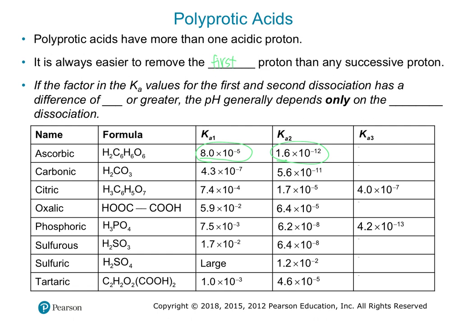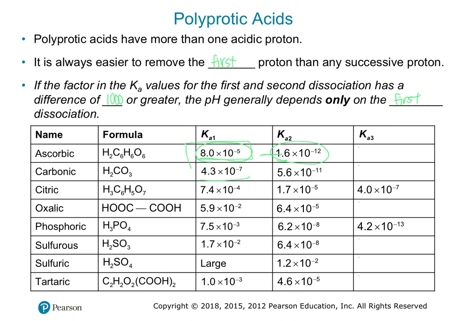And in general, if the Ka values for each dissociation have a difference of 1,000 or greater, then the pH really only depends on the first dissociation. So we can see here there's a factor of about 10 to the 7. So basically this first one is going to be important.